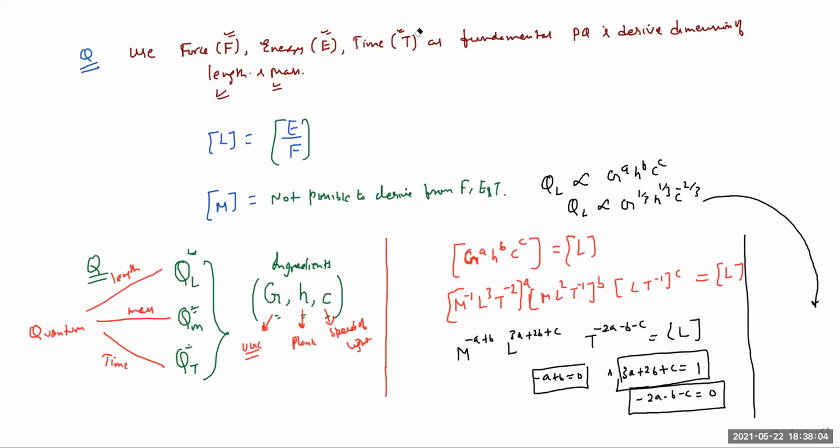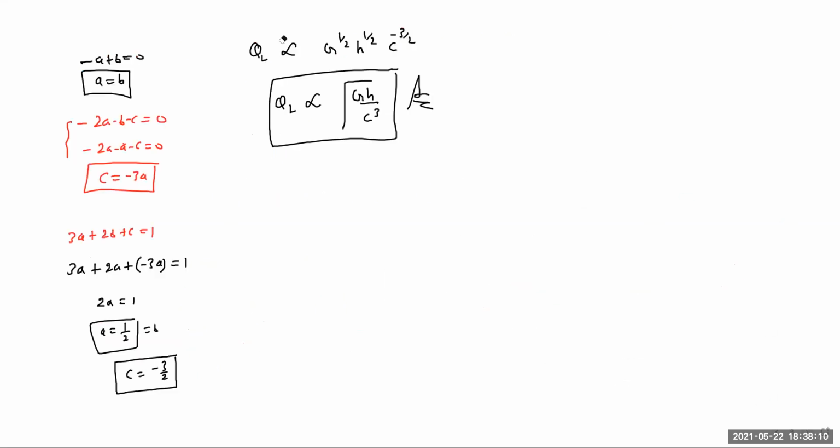Just a minute. This is also wrong. So this is wrong. Okay, so this is the right answer. And if you solve, minus 61 power 1 by 2.